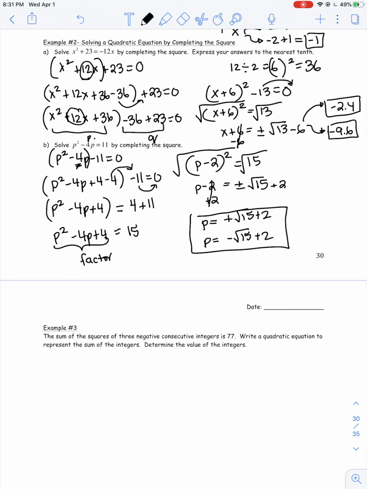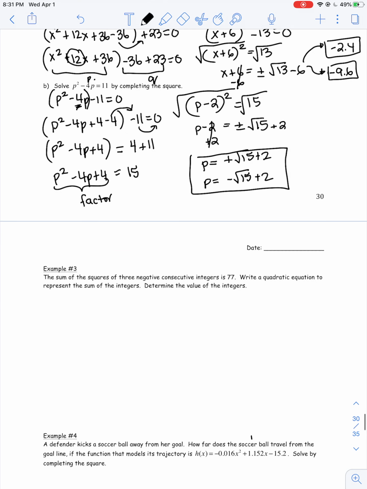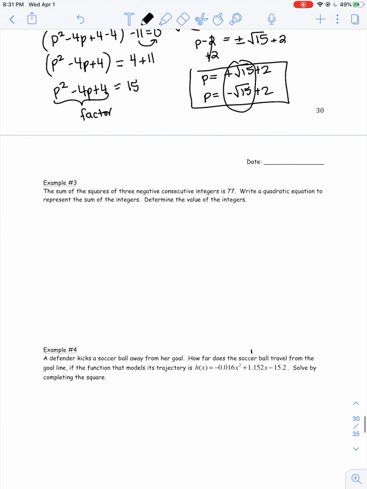So this one's not telling us to round to the nearest tenth or hundredth, so we can leave our answer like that, especially when they say the exact answer. So if they want exact answers, we would just have to simplify these radicals if we could, but in this case we don't have to, because square root of 15 can't be simplified any further. So those would be your final solutions.